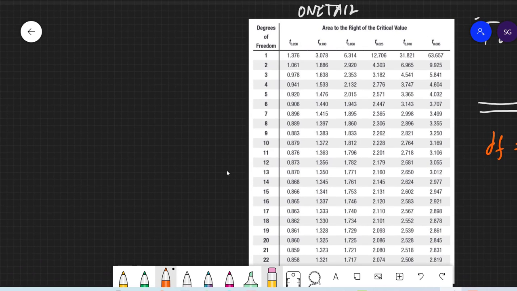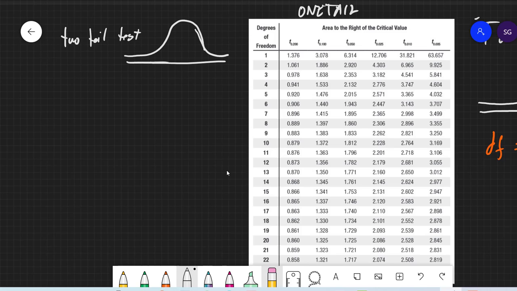In our practice problem, let's say we have a two-tail test, and we're trying to find the left and the right side of our normal distribution, or our suspected normal distribution. So I want x of 1 and I want x of 2.